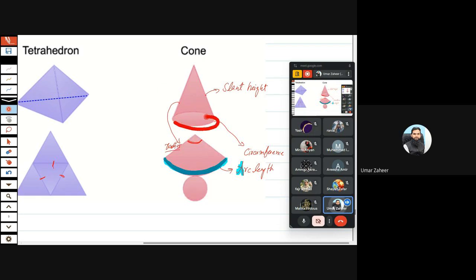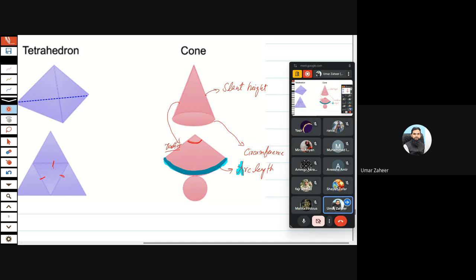The circle is very simple, the radius of the circle is exactly the same. But when you open up this curved part, it becomes a sector. In this sector, the radius is basically the slant height, and the arc length of a sector is not a new thing. It is just the circumference of the circle.